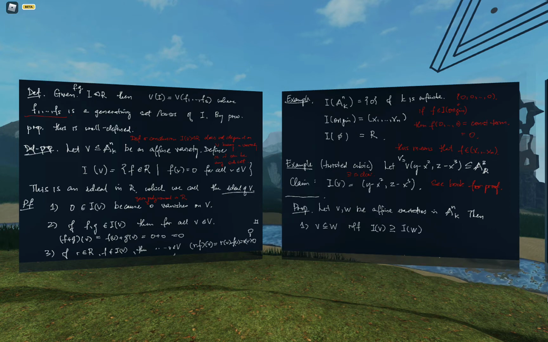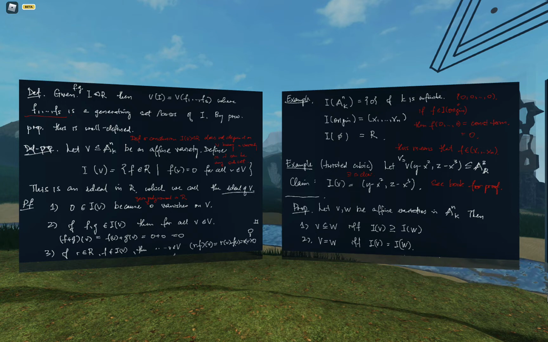So I is inclusion reversing. Two: V is equal to W if and only if I(V) is equal to I(W).